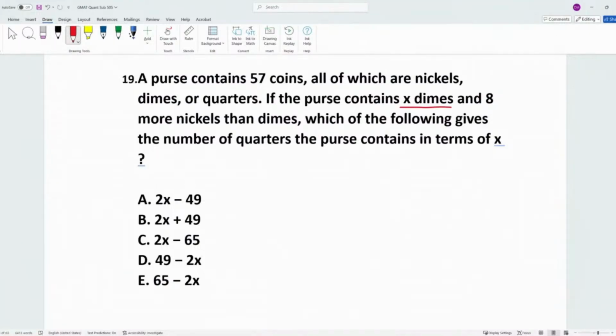X dimes. So what we are going to say is let X be equal to the number of dimes, N equals the number of nickels, and then Q equals the number of quarters.